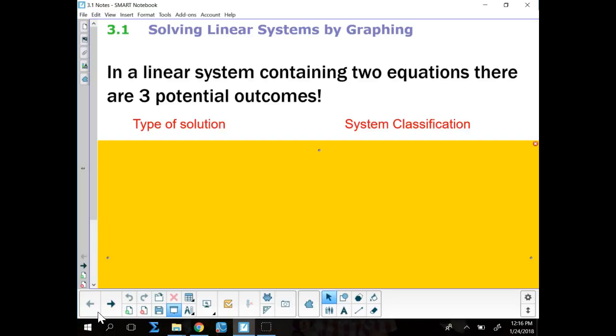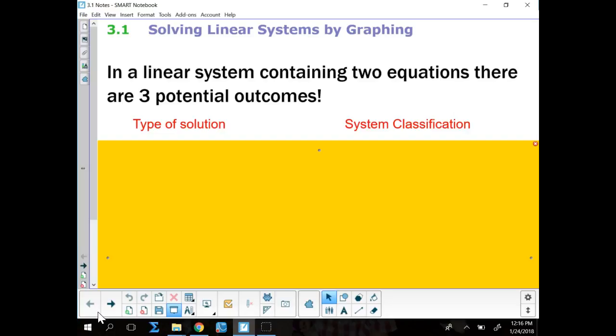So, a linear system of equations is multiple lines. Okay? And so it's wherever these multiple, meaning two or more, cross. Okay? That's the plan. So multiple lines. Okay?